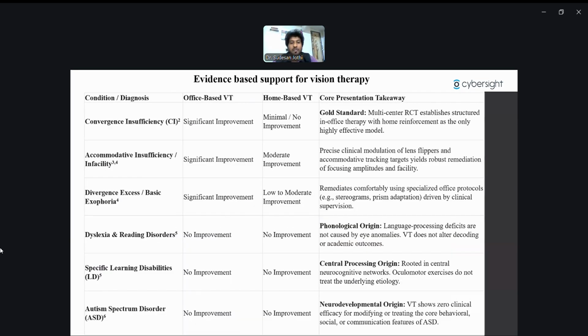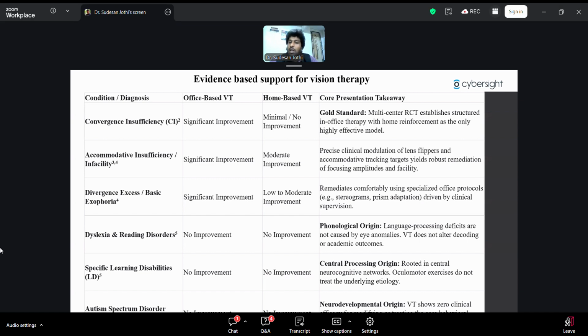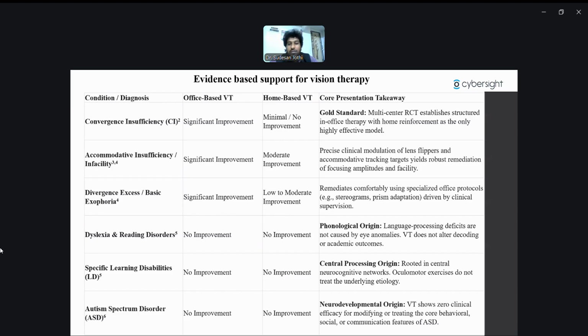So the office-based therapy for conditions such as convergence insufficiency, accommodative dysfunctions, and divergence excess is very effective, but it's equally important to recognize its limitations. Vision therapy does not treat dyslexia, learning disabilities, or autism. Treating associated visual problems may improve comfort, but it does not address these underlying neurological conditions.